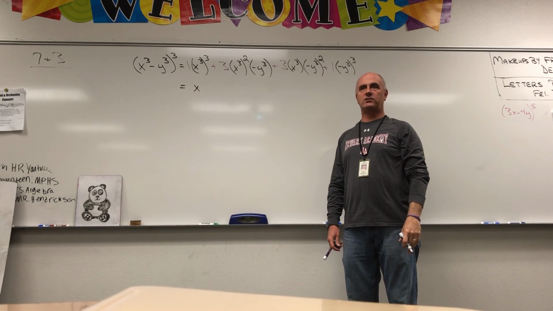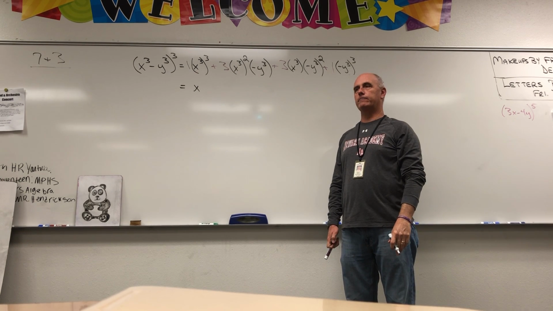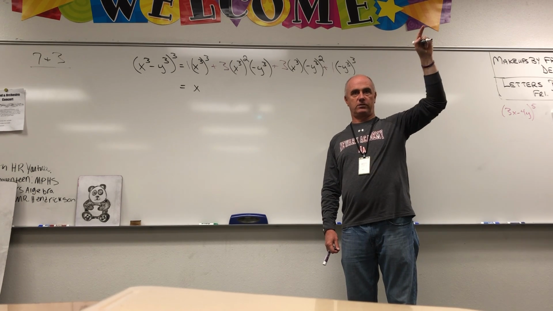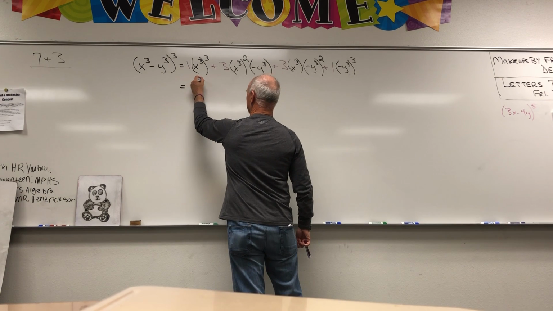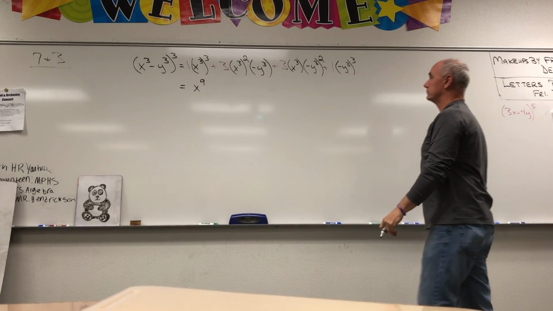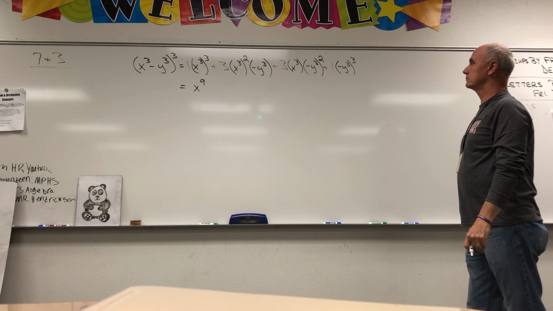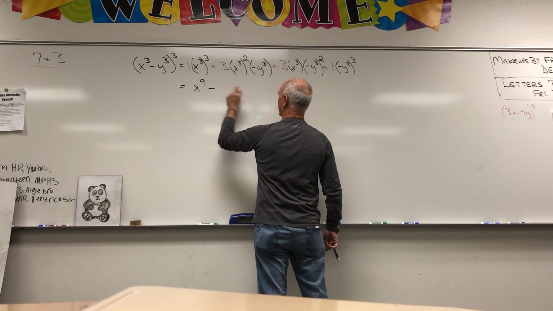Which is it? Because I've heard x to the 6th and x to the 9th. Which is it? X to the 9th. Why? Because 3 times 3 is 9. When we have an exponent, we multiply. So that becomes x to the 9th. All right, next term. Minus 3 times x. Why minus?